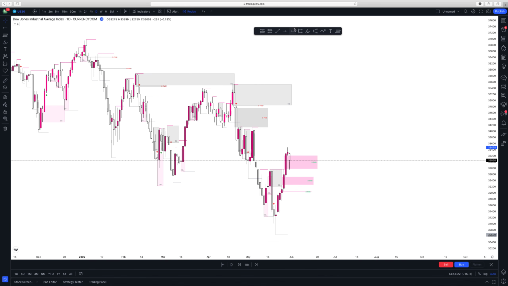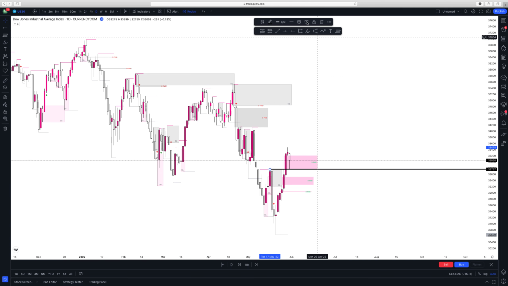But right here, what I see now is a draw on some internal liquidity. So let's see.